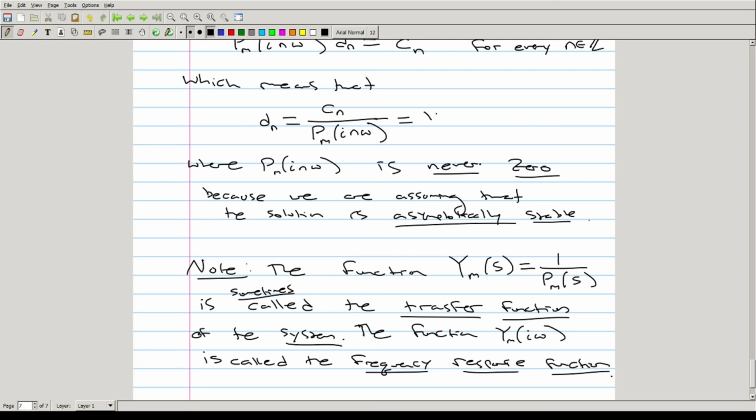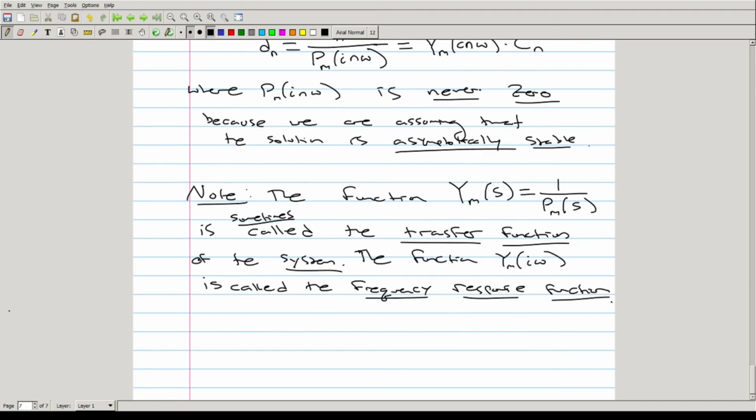The behavior of this function Y_m of i n omega times C_n is telling you directly how the Fourier coefficients of the solution, the particular solution, respond to a change in frequency or change in the C value right here, with this n right here as well. So for different values of n and different values of omega.